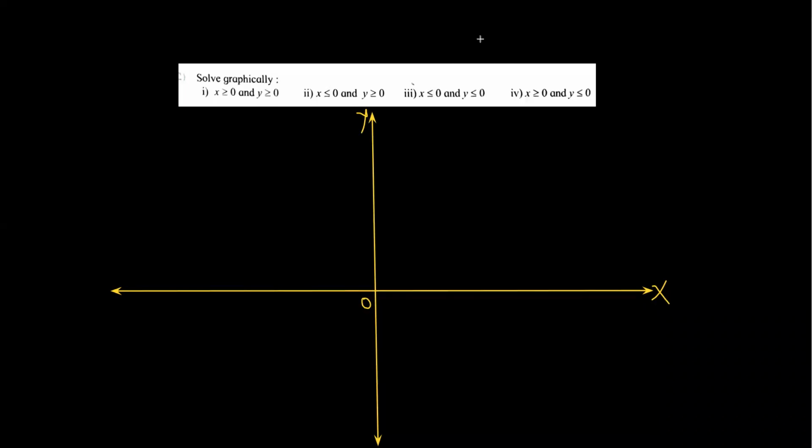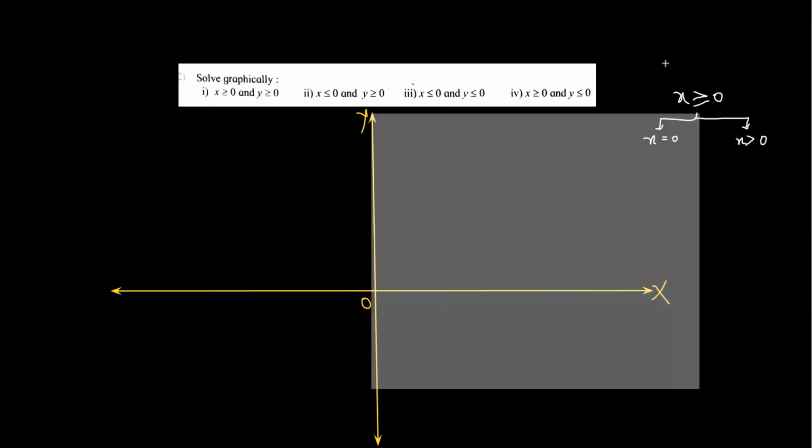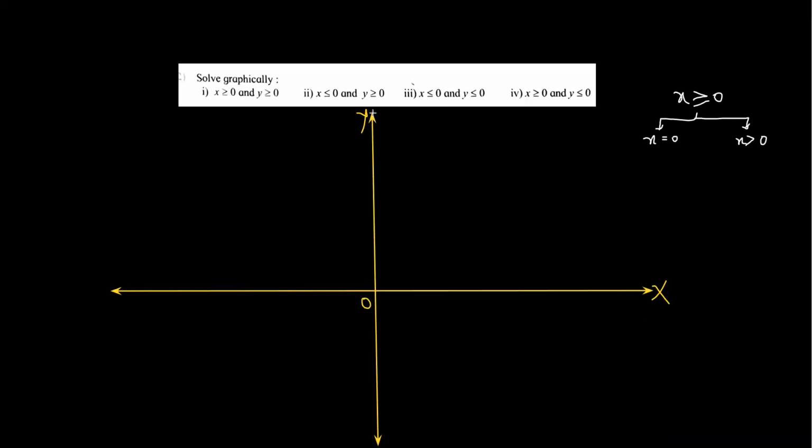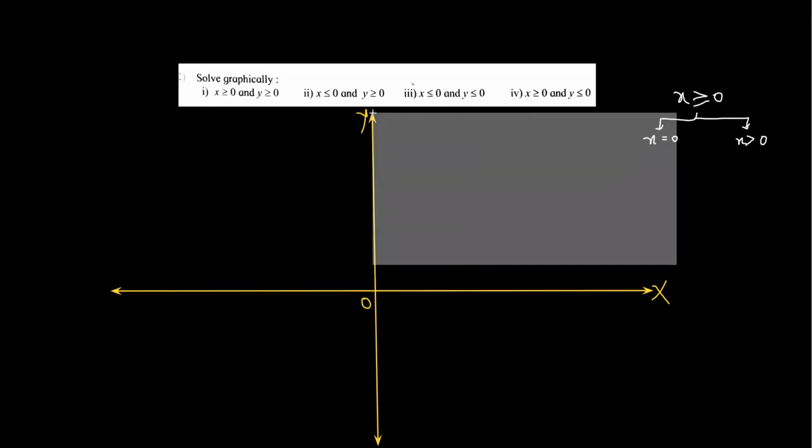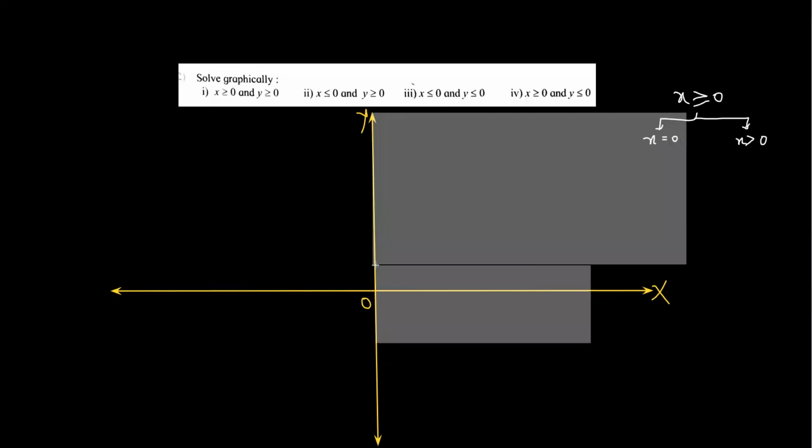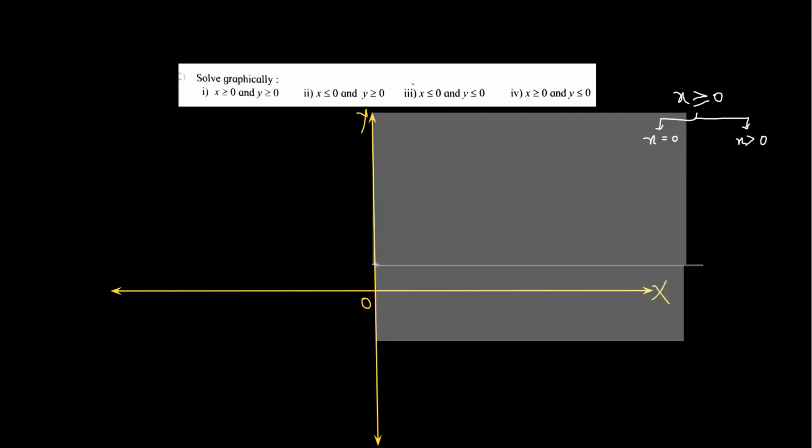What is the first one? The first one is x greater than or equal to 0, which is x equal to 0 and x greater than 0. So where is that? Please understand. x equal to 0 is the y-axis, and greater than 0 is this side.